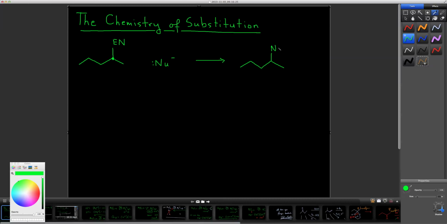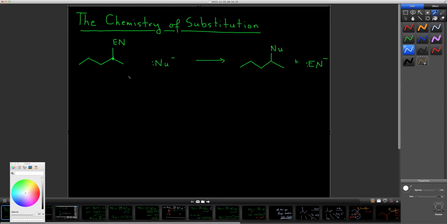So now I have a carbon nucleophile bond and the electronegative group is now left with the electrons that it formerly shared with the electrophilic carbon.